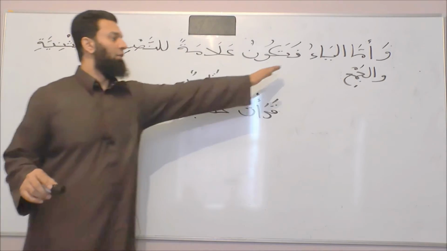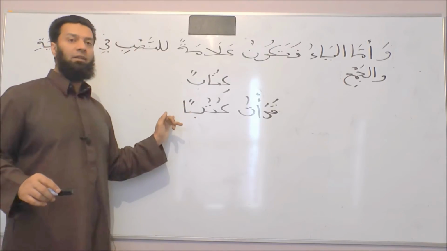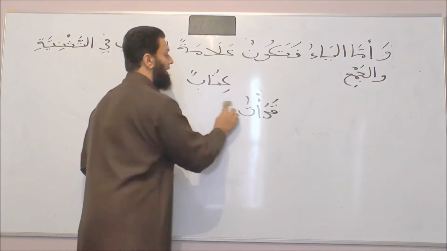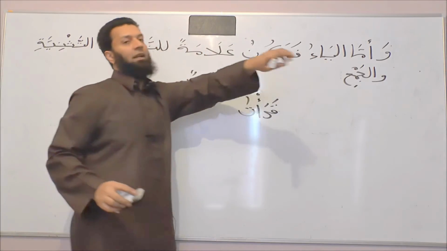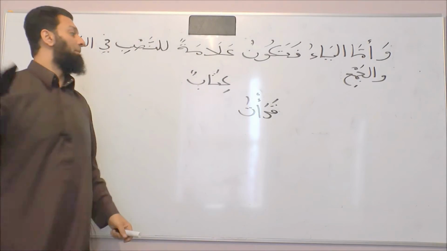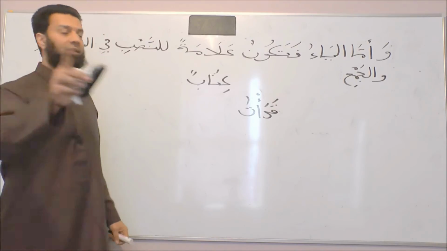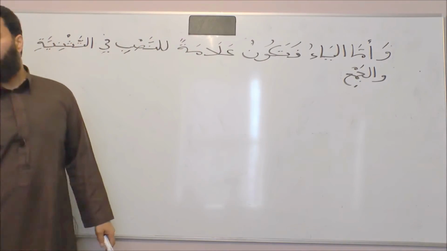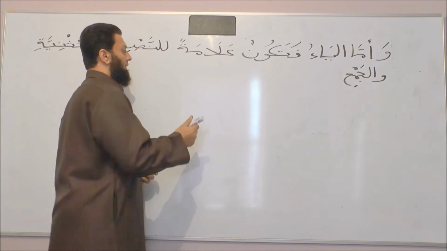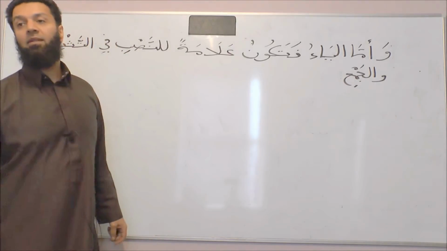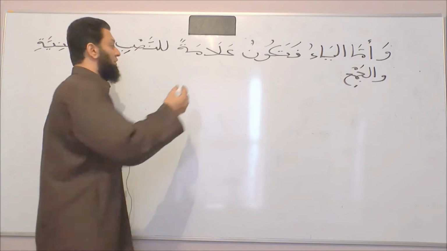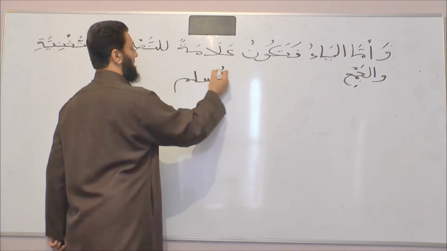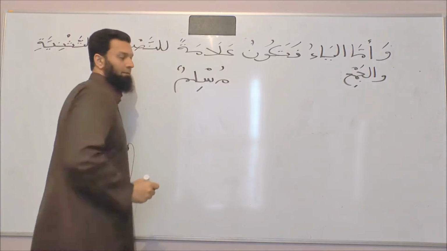We don't add a ya anywhere. So if al-jam' here isn't referring to a taksir, what must it be referring to? As-Salim. So a single Muslim is Muslimun.